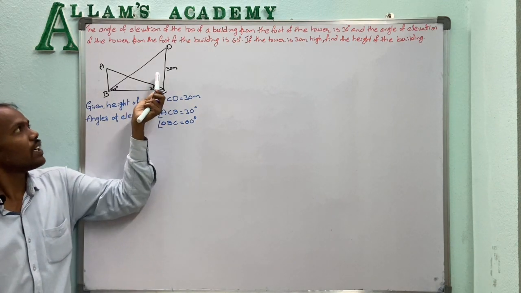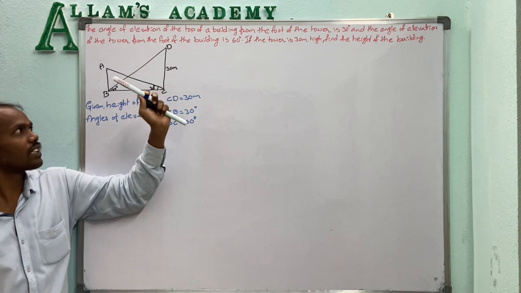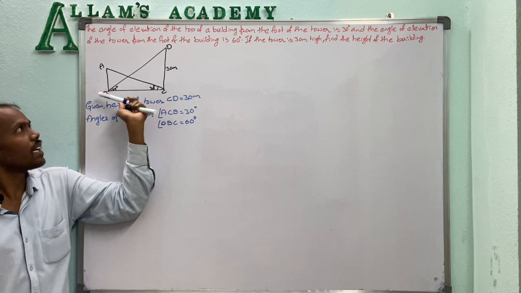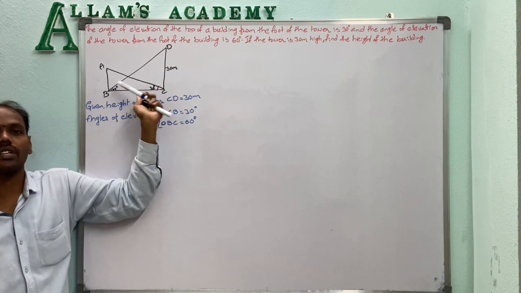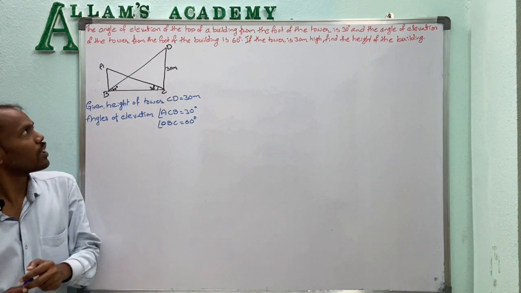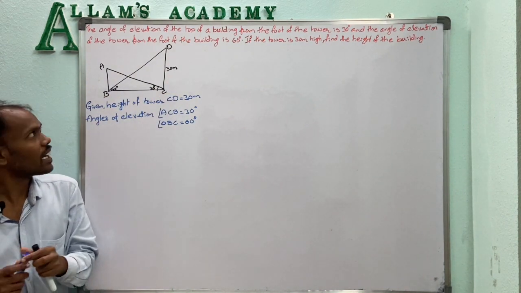Now here in triangle BDC we know the 30 meters height, and in triangle ABC and triangle BDC, both triangles have BC as the common side. So by using triangle BDC we find the BC length.